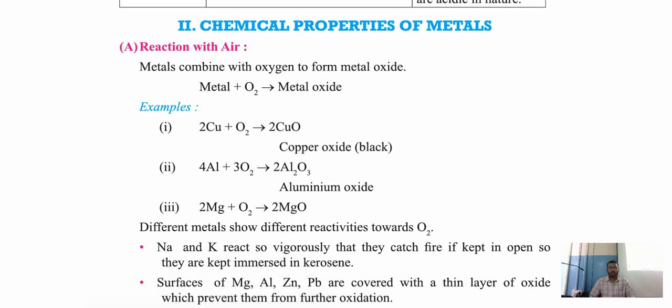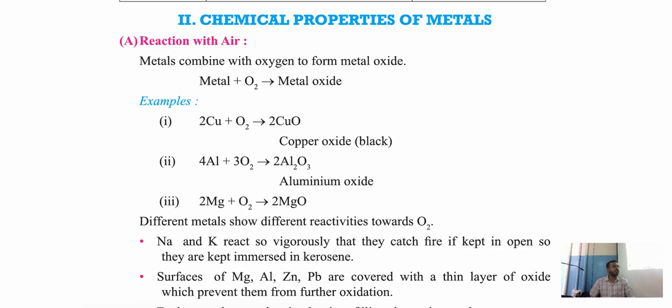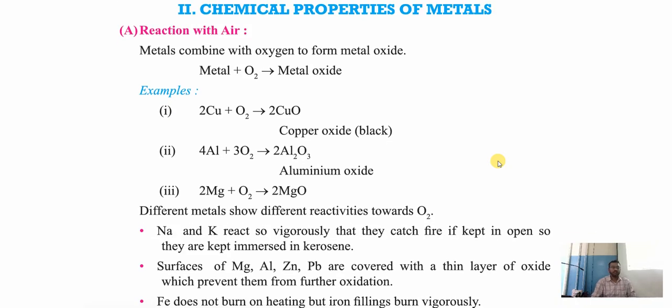Okay. Now we are going to discuss chemical properties of metals. Children, now we are going to study about chemical properties of metals. The first option is reaction with air. How the metals behave when they react with air.